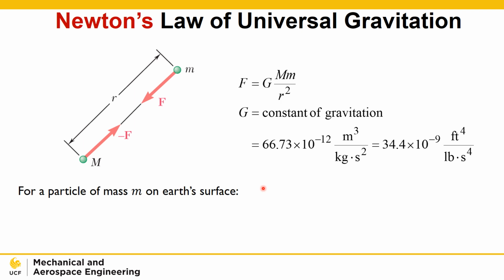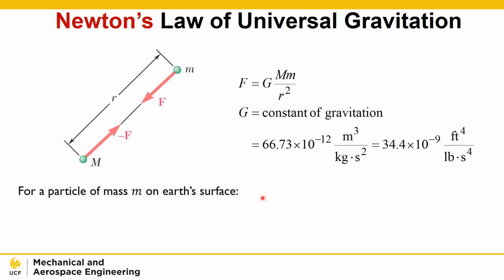Now, if we consider a particle of mass m on the Earth's surface, then the gravitational force F is equal to the weight of the particle which has mass m.